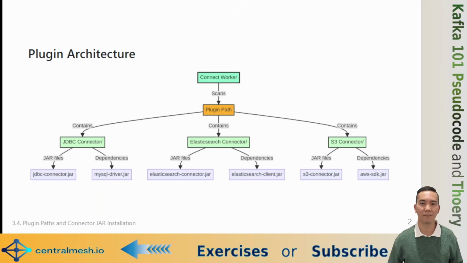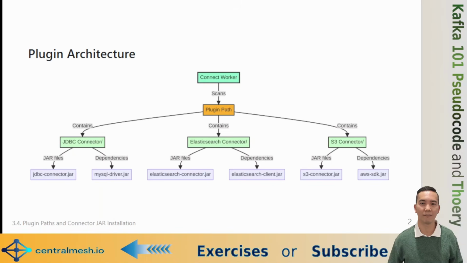The Elasticsearch connector contains the connector plus the Elasticsearch client libraries. Likewise, the S3 connector contains the connector and the AWS SDK library. When the worker finishes scanning these directories, it loads each connector independently and registers it as an available plugin.